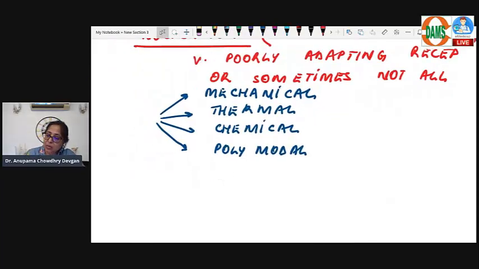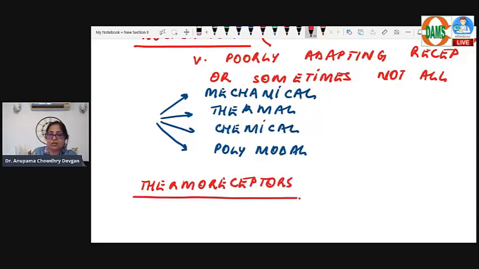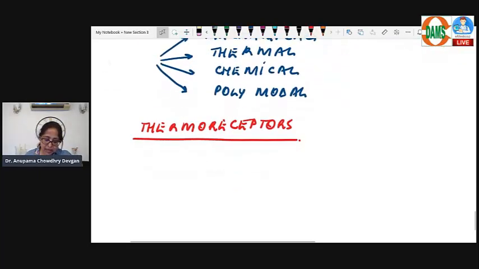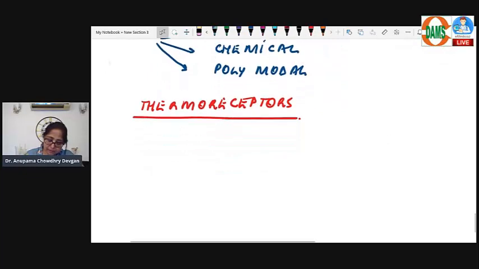Another one, which is a poorly adapting receptor, is the thermoreceptor. Thermoreceptors are slowly adapting receptors. They will detect temperature, right? Now, thermoreceptors can be receptors for cold and receptors for warmth.